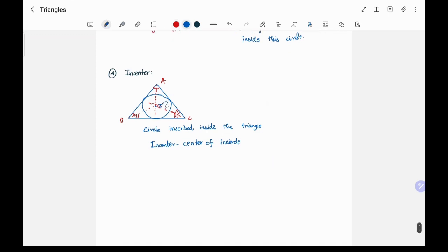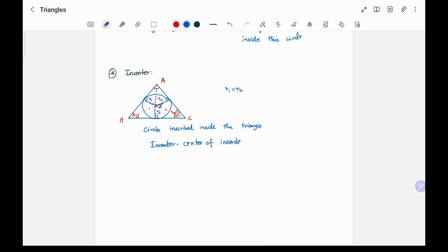So what is another property? The AB, BC and AC are like tangents. So if we draw from the center to the tangent, they are perpendicular, and since it is the radius itself, these distances are equal. So I'll take these distances as R1, R2, R3.